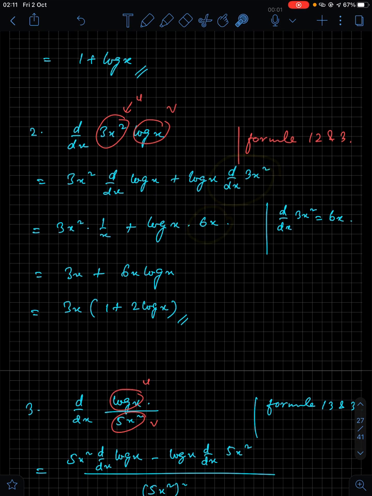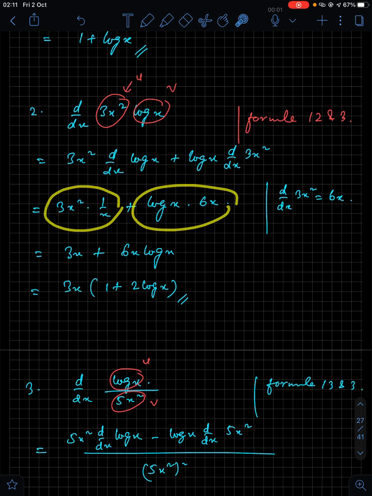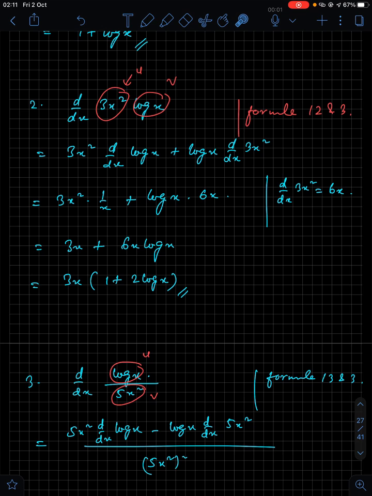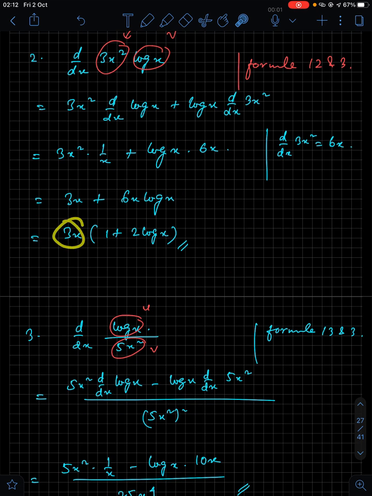So now what you have here is 3x square into 1 by x plus log x into 6x. So once you divide x square by x, you get x. Therefore in the first term you'll get 3x and here you'll get 6x log x. Okay. So when you take 3x common, what remains is 1 plus 2 log x inside bracket. So I hope question number 2 is clear.